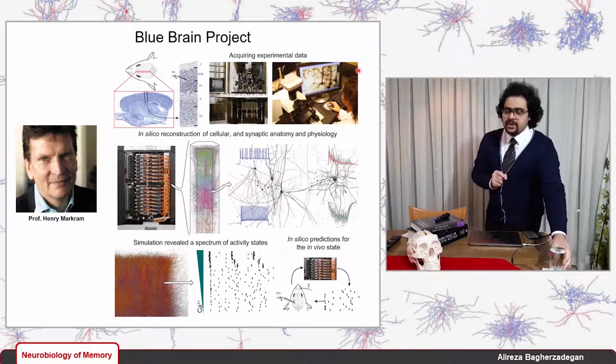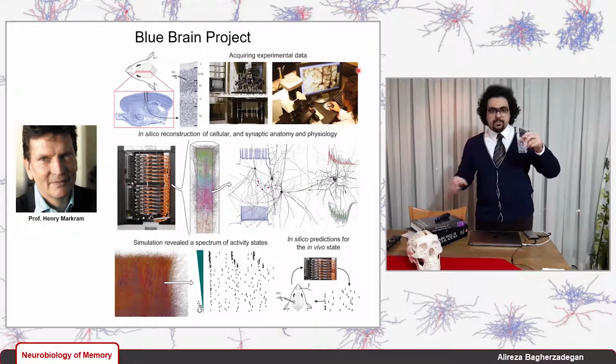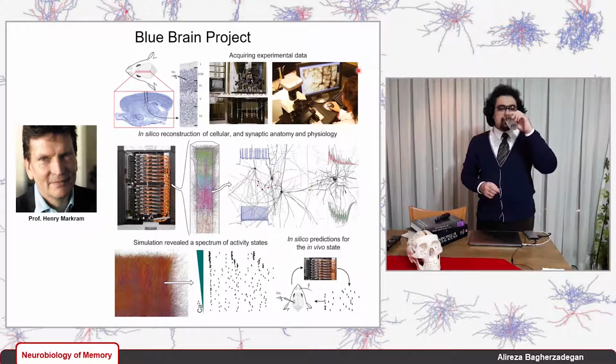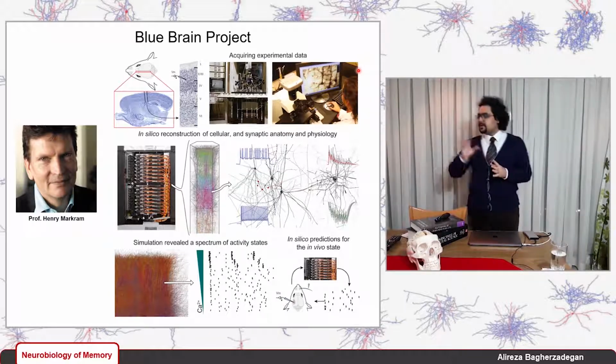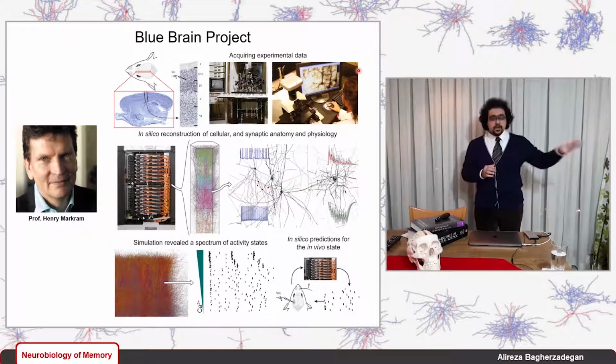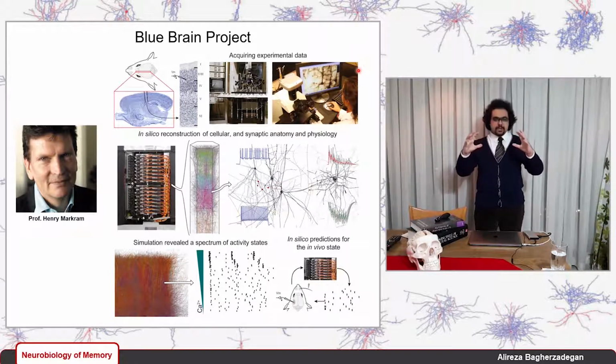I learned from this project and other scientists in the field of microcircuit studies, from Professor Henry Markram and other scientists, and of course from the book by Professor Gordon Shepherd, that one of the very first steps in any microcircuit study, in trying to understand a microcircuit, is to identify the types of neurons that comprise a single microcircuit.